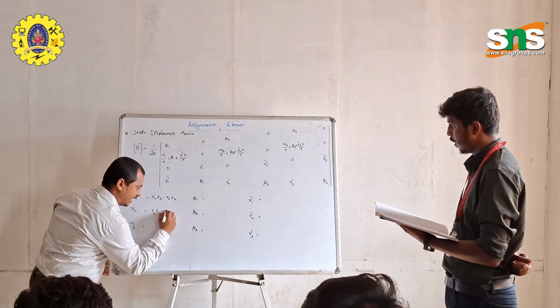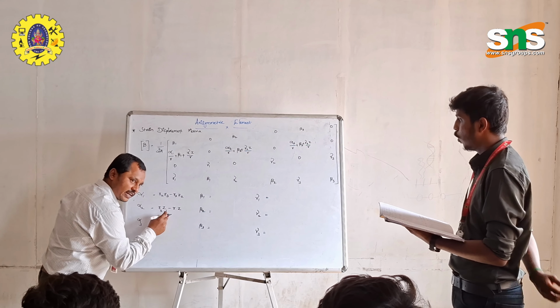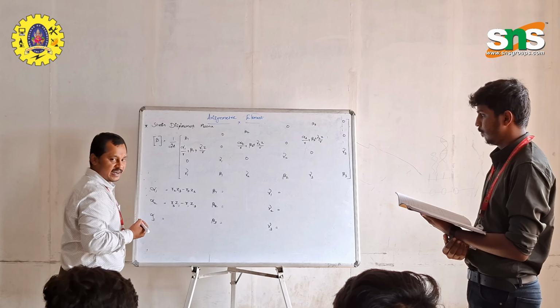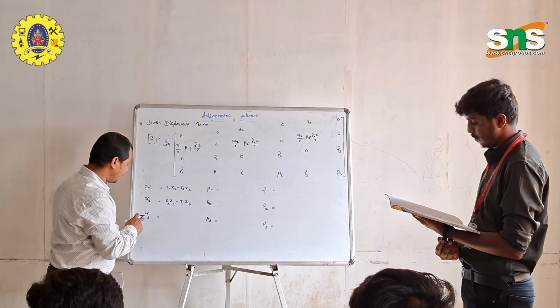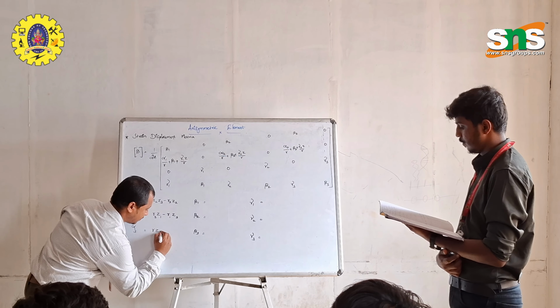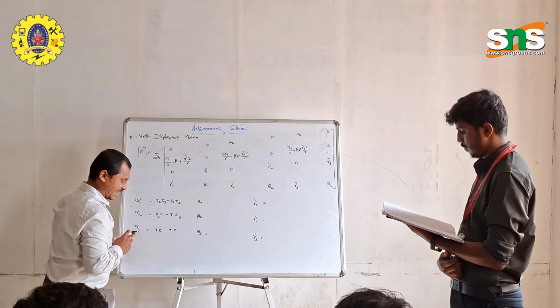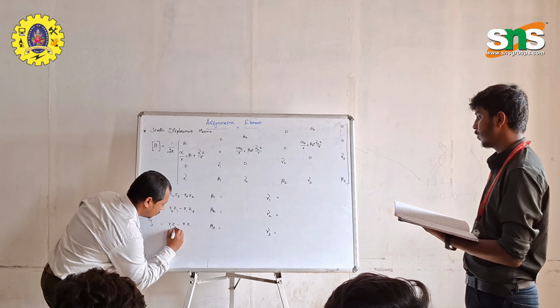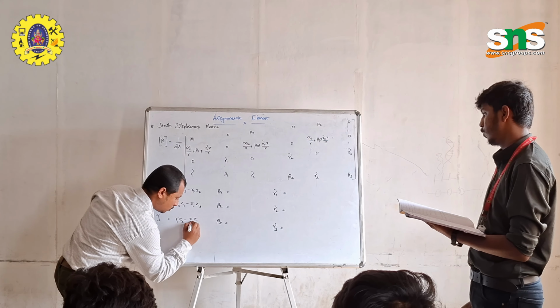Again R Z, the reverse, 1 and 3. Clear? Again for the third term, alpha 3, that is R Z minus R Z. Here it is 3, so what comes here? 1 2, then 2 1.